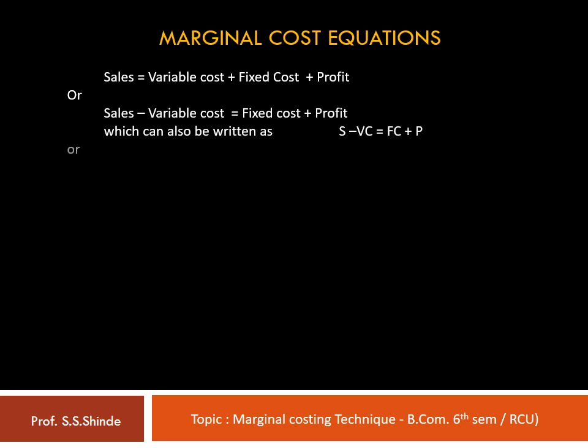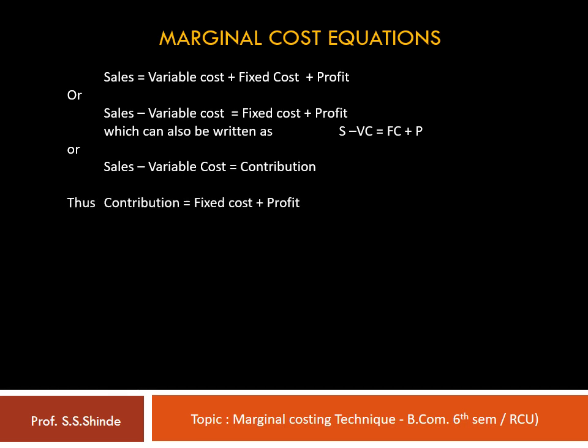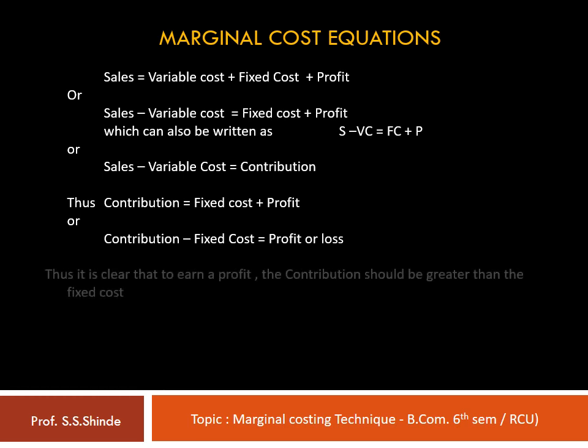Now this equation can further be written as sales minus variable cost is equal to contribution. Thus, contribution is equal to fixed cost plus profit. Or we can also write this as contribution minus fixed cost is equal to profit or loss.